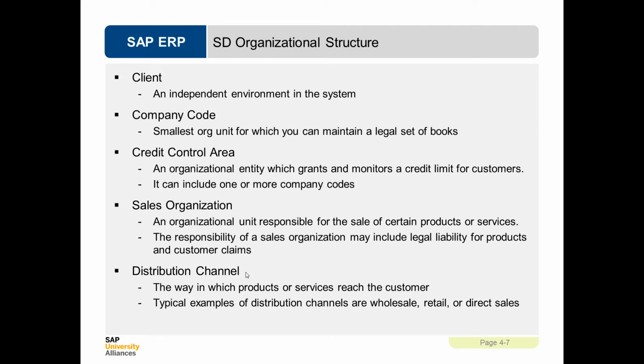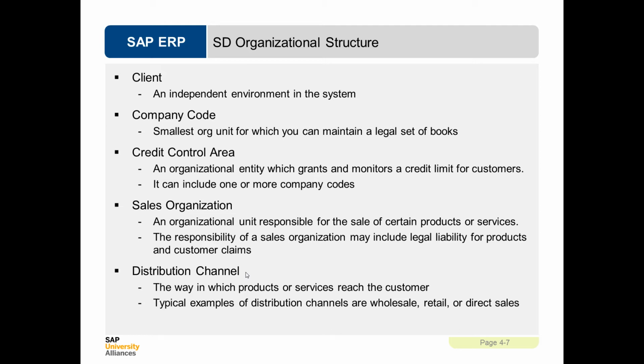Now, those products and services do not flow to the customers in the same way. They flow through various distribution channels. And you're familiar with a lot of distribution channels, I'm sure. Wholesale and retail come directly to mind, but you're also familiar, for example, with internet sales. That would be a distribution channel. Direct sales, things of that nature.